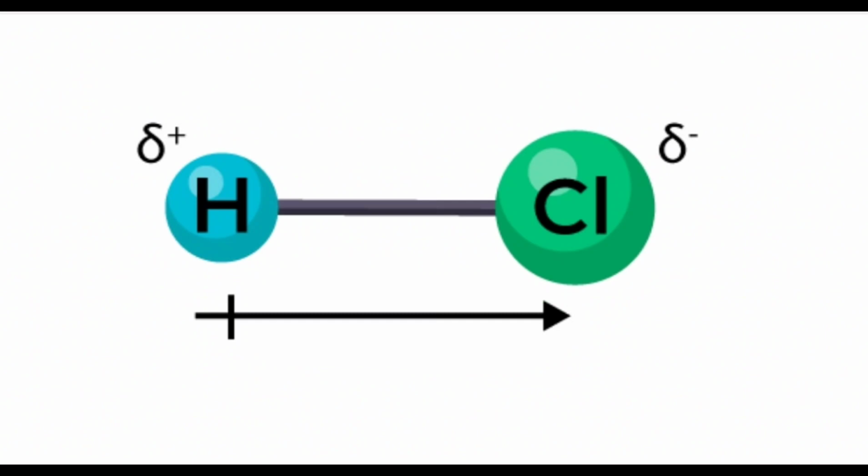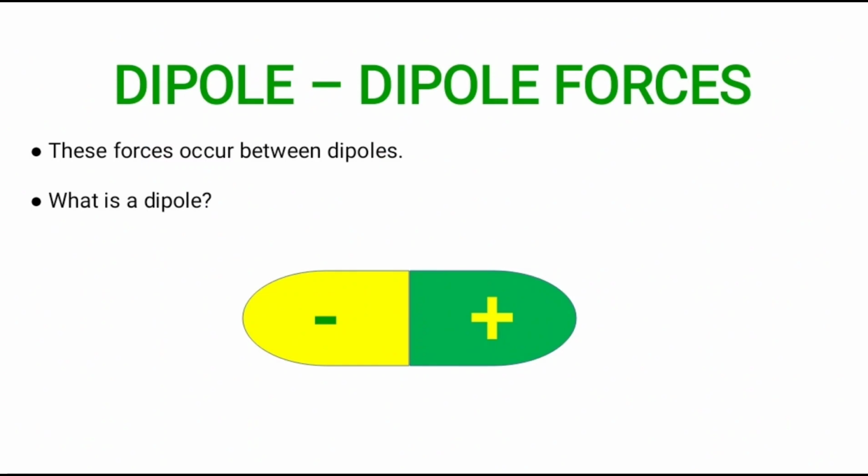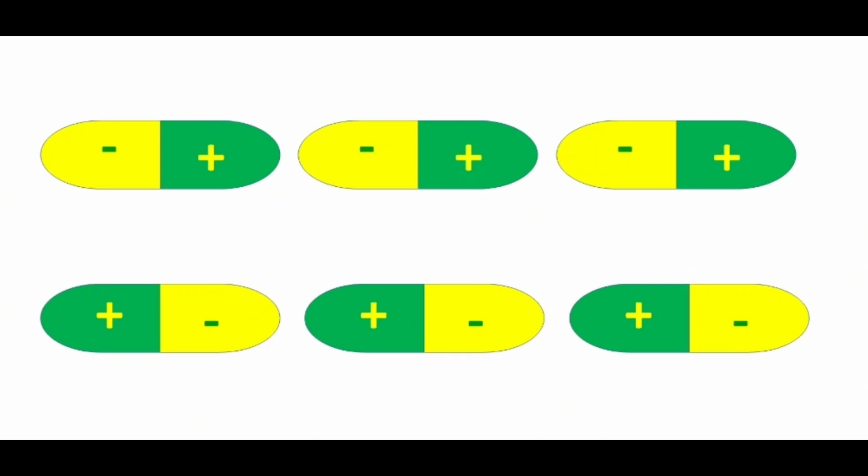So this molecule becomes a bit long, as you can see schematically in the picture. One part is partially positively charged, the other part is negatively charged, but overall the molecule is neutral. So when two dipoles come into interaction, the positive side of one dipole and the negative side of another dipole can attract each other.